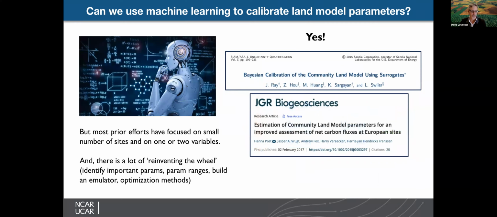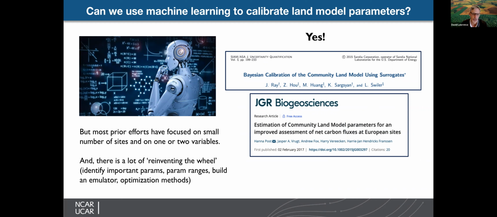I mean, people have done this, definitely for tower sites. I'm just highlighting two papers that I went through a quick literature search where people have focused on, at a regional or a tower site level, there does seem to be some indication that you can calibrate these models. That's not surprising. Calibrating models is something that people have been doing forever. But one thing I'll say is that even with those efforts, each paper looks like they've reinvented the wheel.